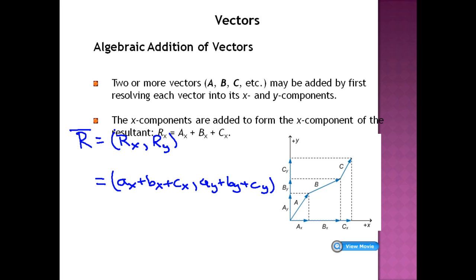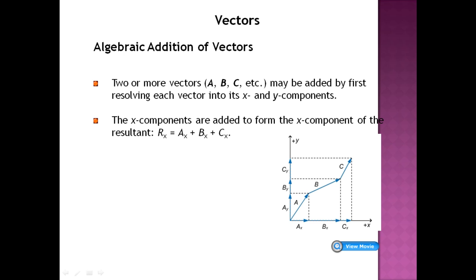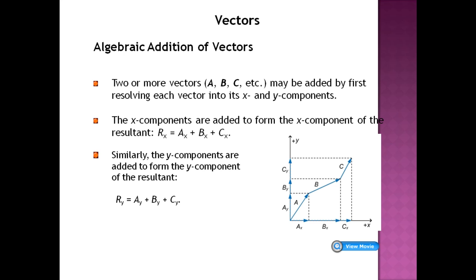And this is basically what I just wrote out. So the x components are added to form the x component of the resultant. Similarly, the y components are added together to form the y component of the resultant.